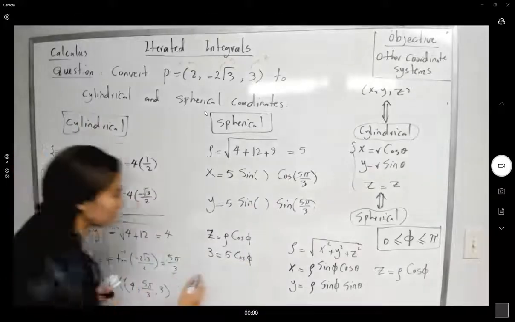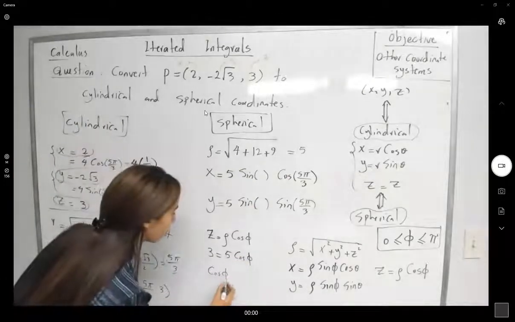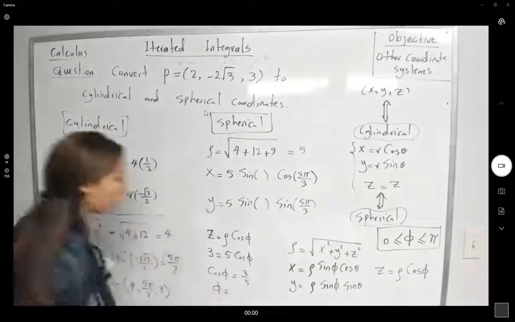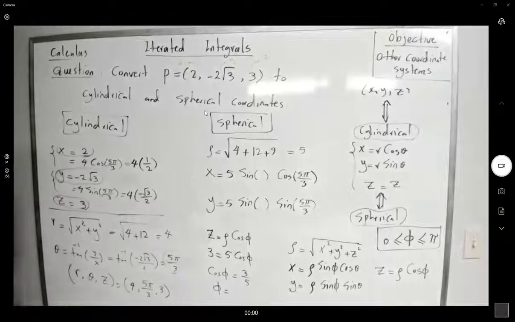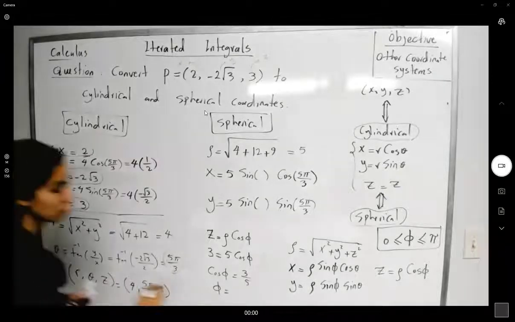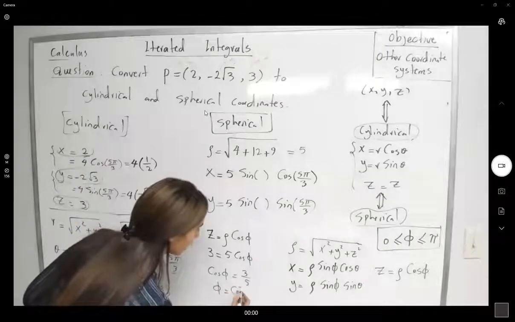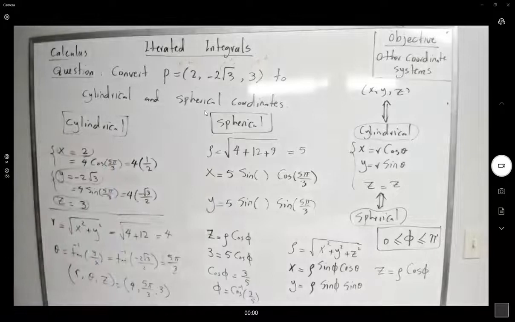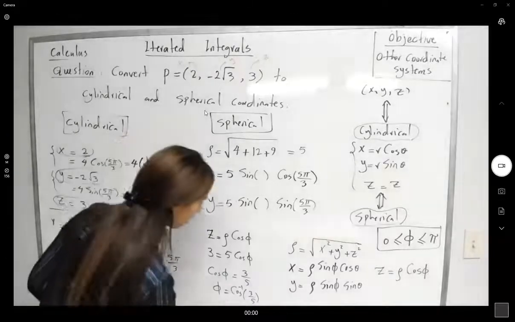So that's how you can find cosine of phi, which is 3 over 5. And you can find phi, which is inverse cosine of 3 over 5. You have to use a calculator for that. Or you can leave it as 3 over 5. So this is my phi.